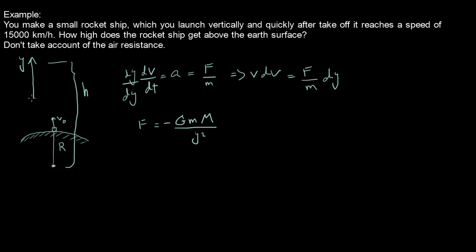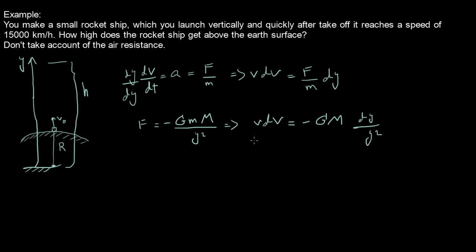So the origin of my y is here. So that's why F equals that. So now, therefore, v dv equals minus G M dy divided by y squared.